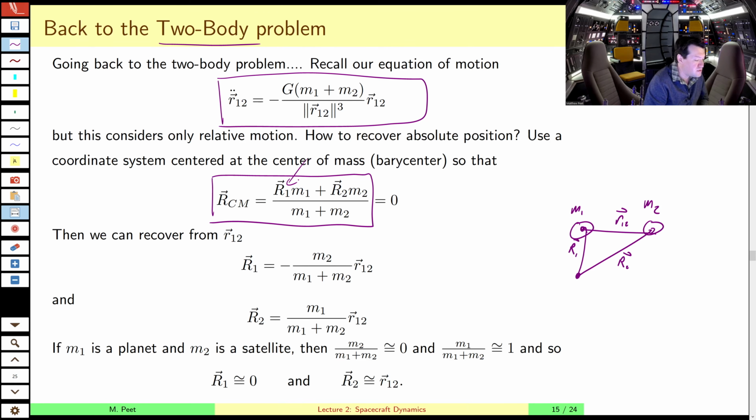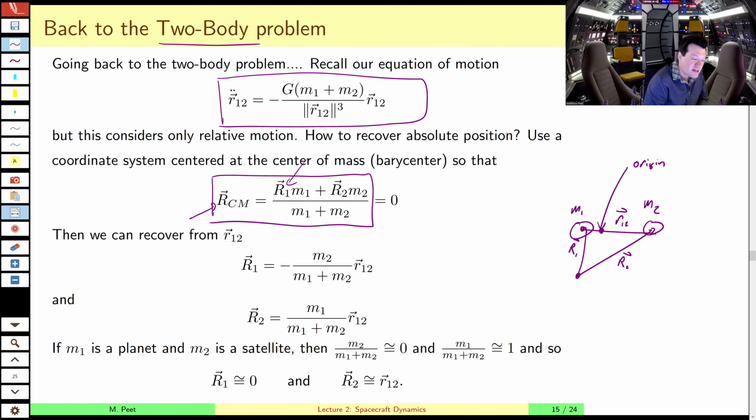Our first simplification is to assume that the absolute position of the center of mass in our coordinate system is 0. So the origin occurs at what's called the barycenter if we have two bodies orbiting each other. This is the origin of our coordinate system.